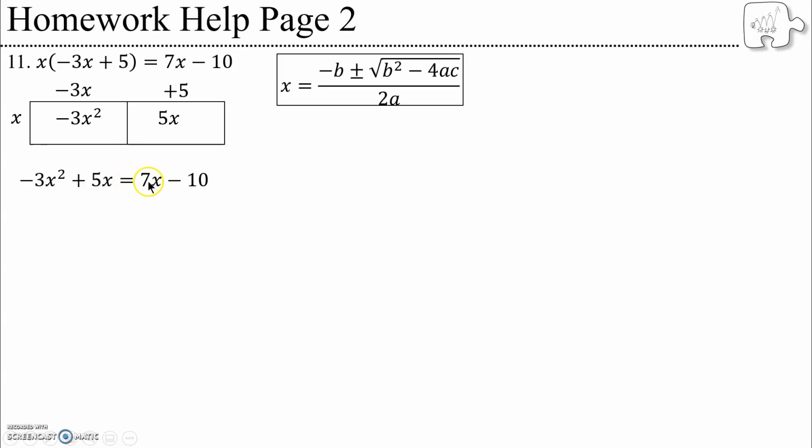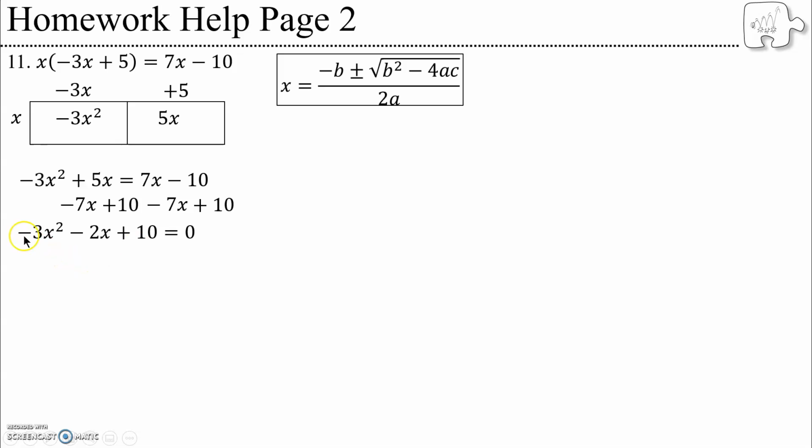So we're going to subtract 7x and add 10 on both sides, so that this will equal 0. Then we can combine the 5x and negative 7x, and add 10 on the end. So we get negative 3x squared, 5x minus 7x is negative 2x, plus 10, and this side all equals 0.